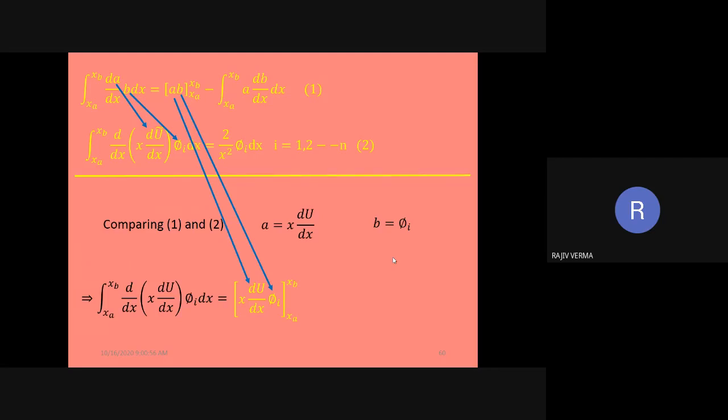Coming to the second term in equation number 1, तो a और db by dx को यहाँ लिखा जाएगा, which gives you x multiplied by du by dx multiplied by d phi I by dx and integration of the whole term. This obviously is equal to the right hand side of the second equation.